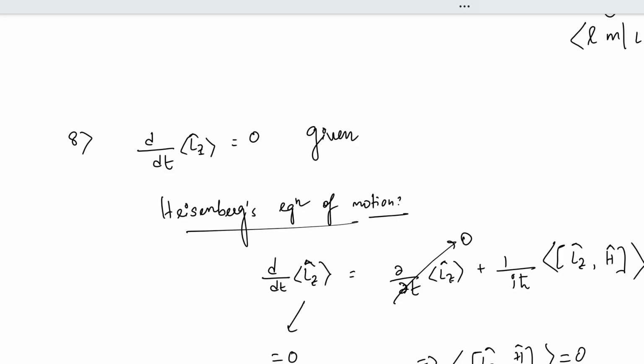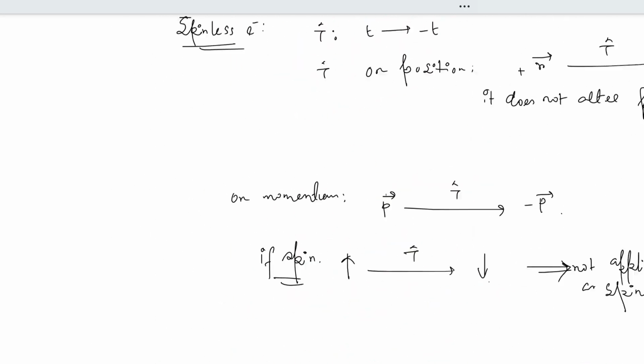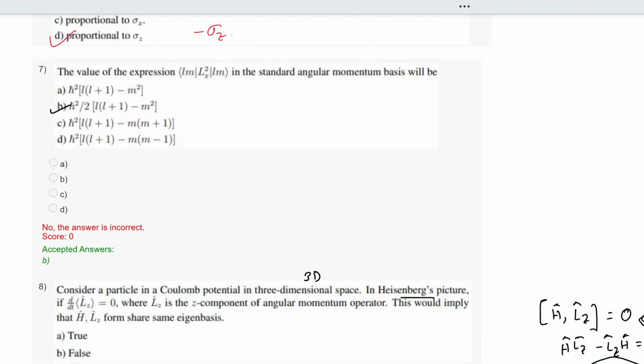Hence, because this is satisfied, they can have a simultaneous eigenbasis. So this answers the question that simultaneous eigenbasis is true and possible for these operators under this condition. So our answer will be that they share the same eigenbasis, true, which is also the correct answer.